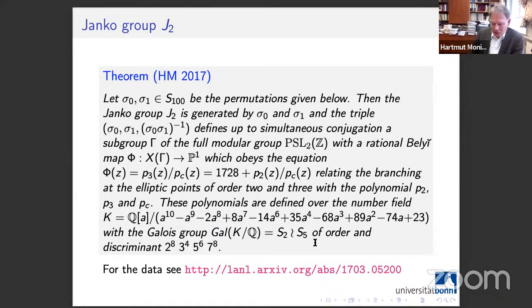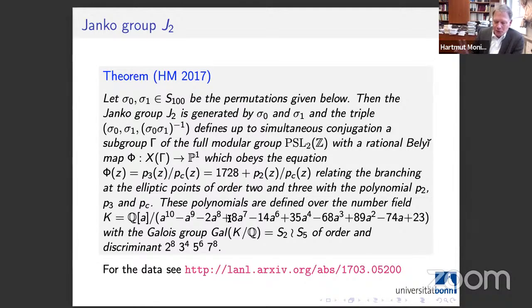And you can actually reduce it, because what you see here is S2 wreath S5, and that tells you that this number field of degree 10 has a subfield of degree 5. And that gives you a quadratic equation over this field of degree 5.